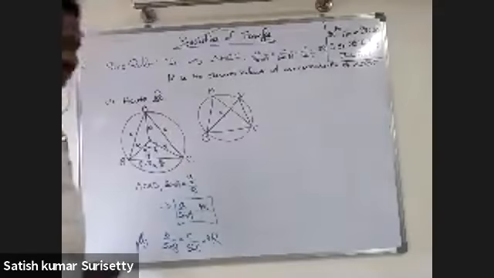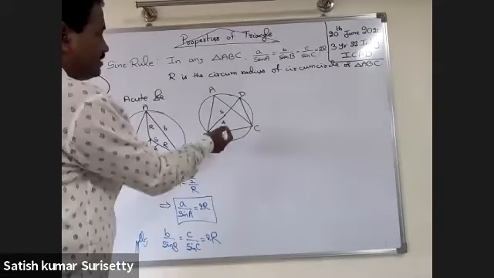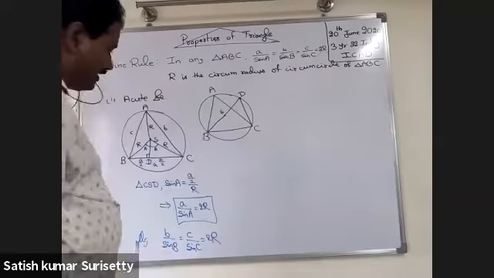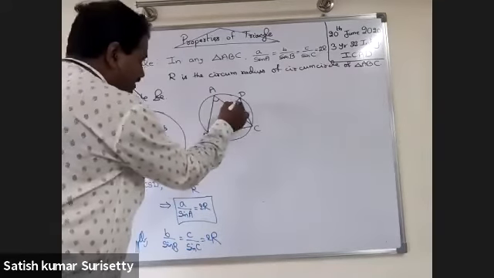Join D to C. So we are joining B and extending to intersect at D. Now angle A and angle D will be the same.